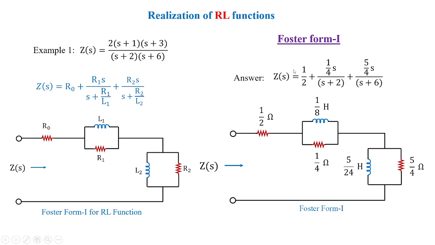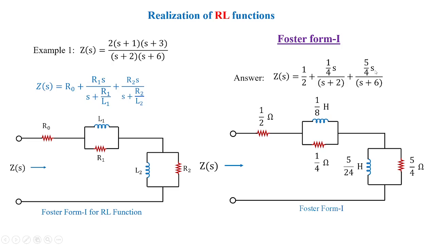You can see we have Z of S, which is equal to 1 by 2, that is taken as 1 by 2 ohms. Then we have R1 and L1 that can be obtained with the help of this condition, where R1 is obtained to be 1 by 4 ohms, and inductance L1 is obtained as 1 divided by 4 multiplied with 2, which gives the value as 1 by 8 henries.